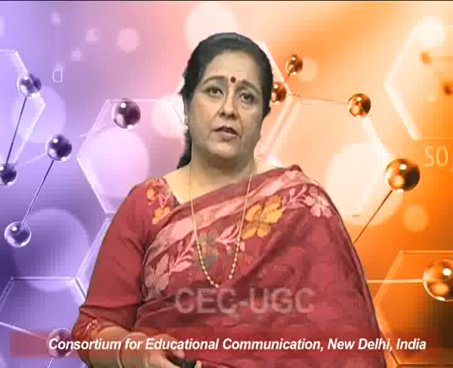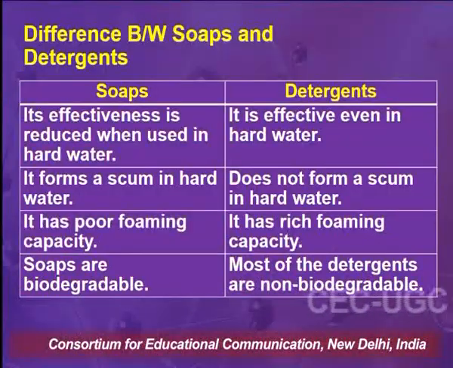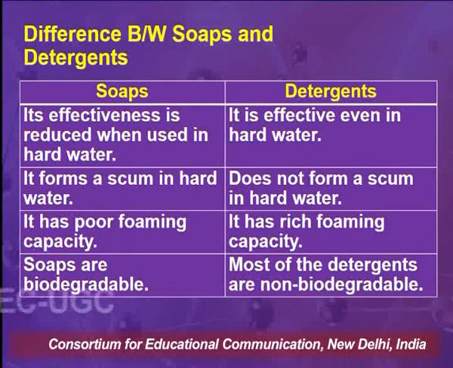Soap's effectiveness could be reduced when used in hard water, whereas detergents are effective even in hard water. Soap forms a scum in hard water, whereas detergents do not. Soaps have poor foaming capacity in hard water, whereas detergents have rich foaming capacity. Soaps are biodegradable, whereas most detergents are non-biodegradable.